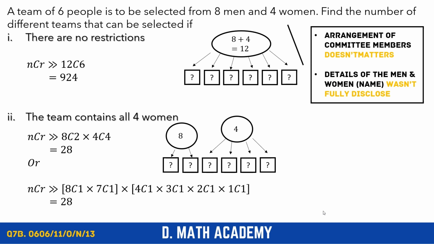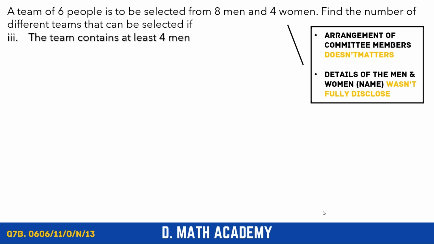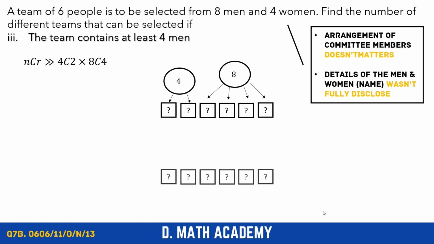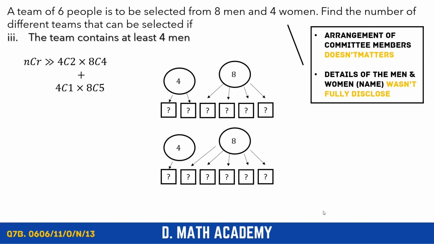As for the next question, the team contains at least 4 men. The minimum requirement for this question is 4 men and above. So the possible arrangements out of the 6 committee members are: 4 men and 2 women, followed by 5 men and 1 woman, and all men.